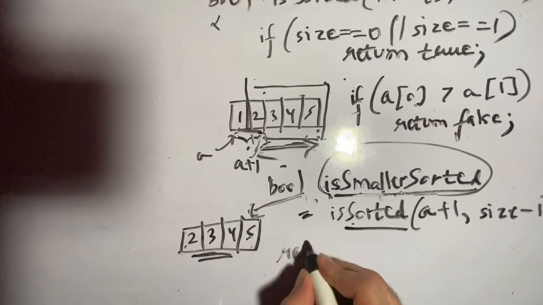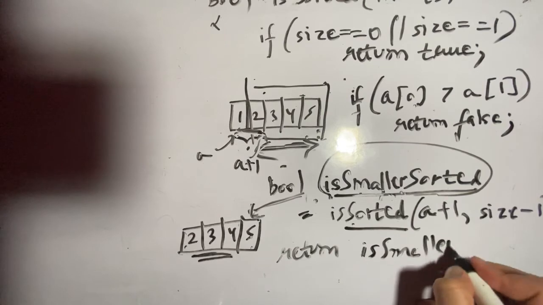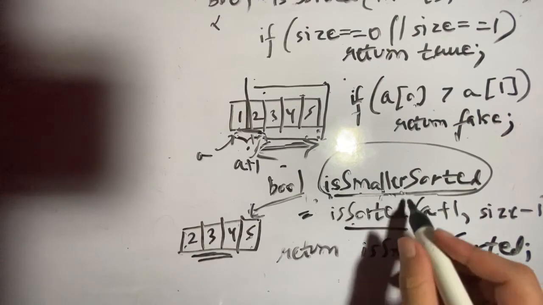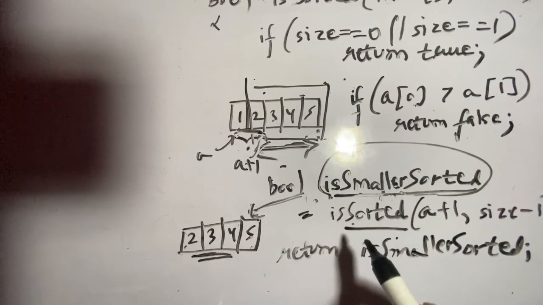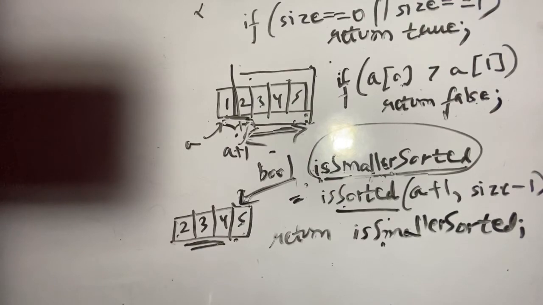We just have to return isSmallerSorted. If the rest of the array is sorted, then it would be true and we'll return true. But if the rest of the array is not sorted, this would contain false, and we'll simply return false. Okay, so now let's move on to the coding part.